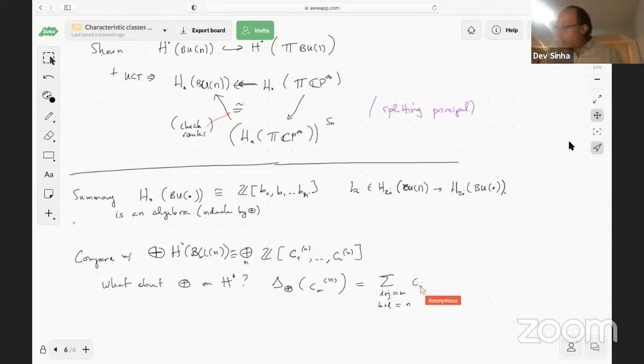So anyways, the coproduct of Cm is Ci tensor Cj for i plus j equals m. And we also have to keep track of components. So this is going to be on the kth component and the lth component, where k plus l is equal to n. And of course, as you see above, i has to be less than or equal to k, and j has to be less than or equal to l.